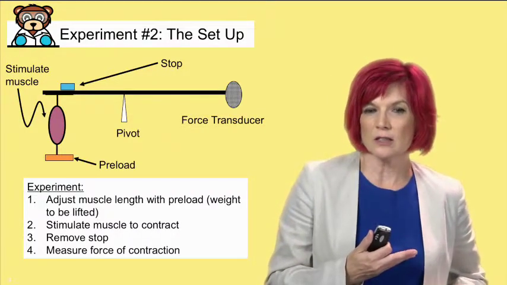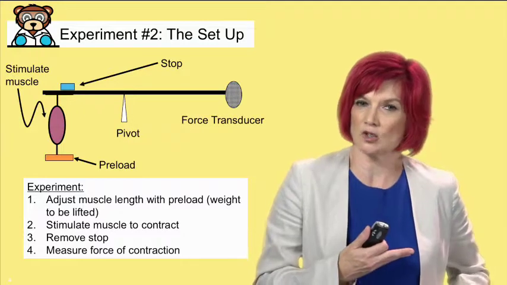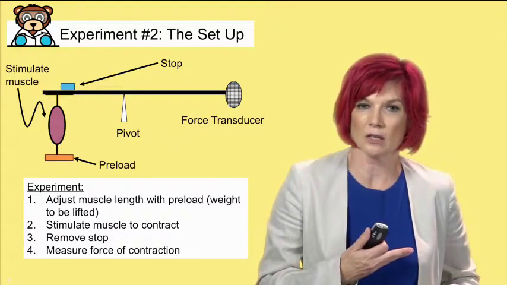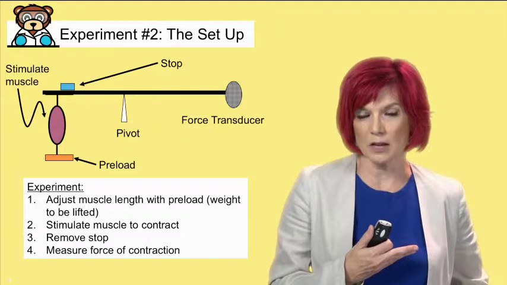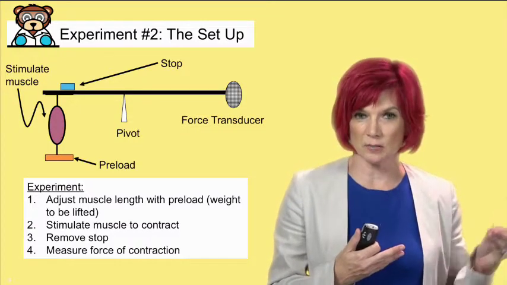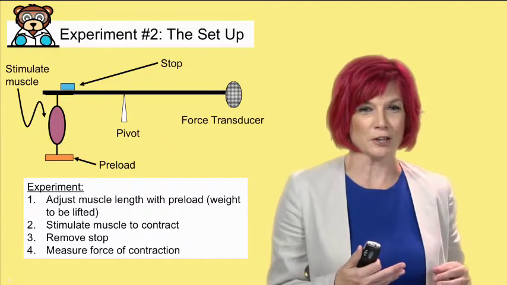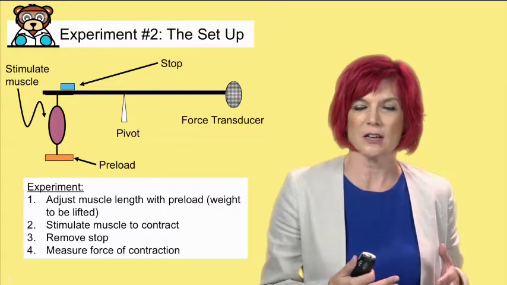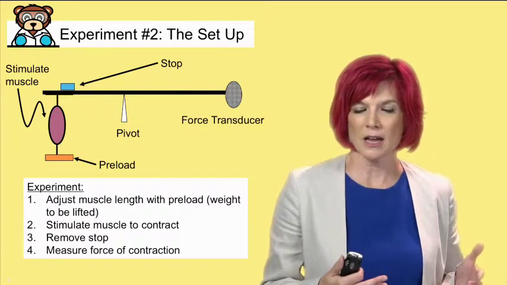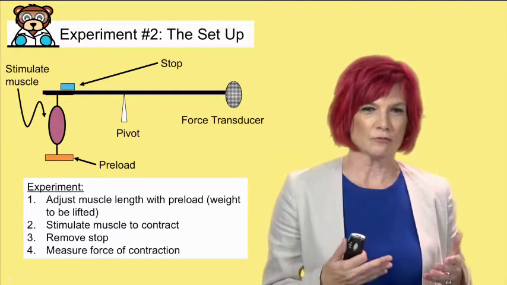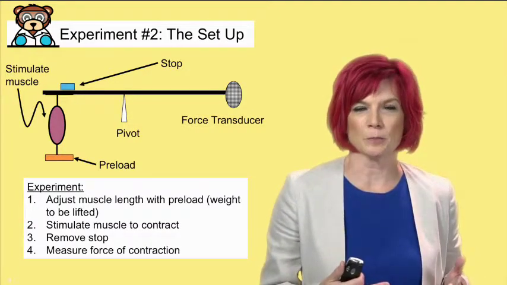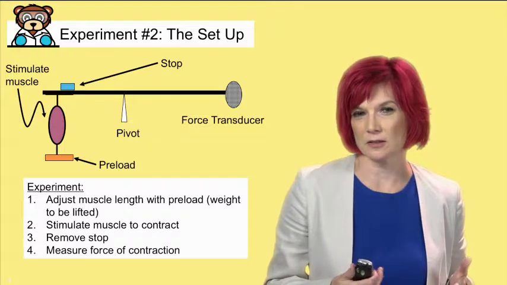The sarcomere length is determined by stretching the skeletal muscle out at the outset of the experiment before the skeletal muscle is stimulated to contract. So we hope that the frog video really helps you understand this experimental setup and how we're able to very specifically measure force produced by skeletal muscle.